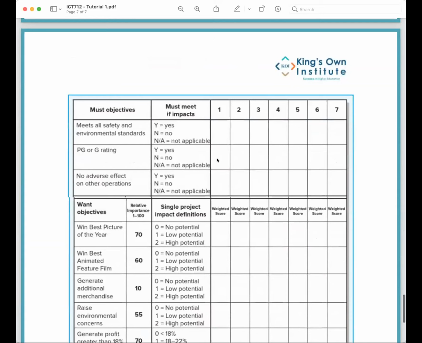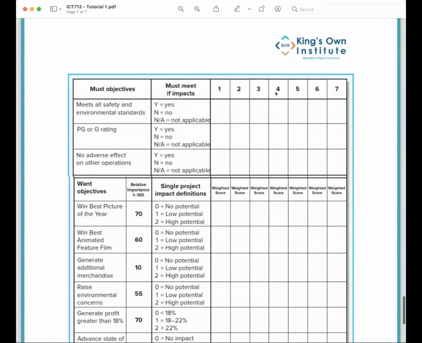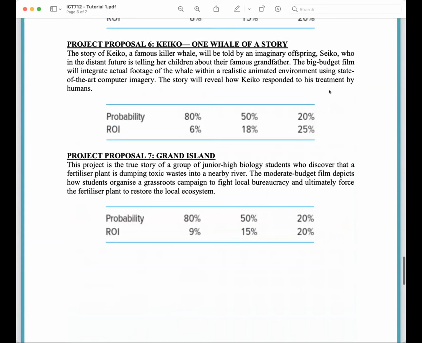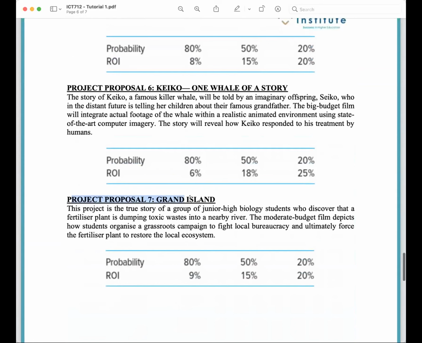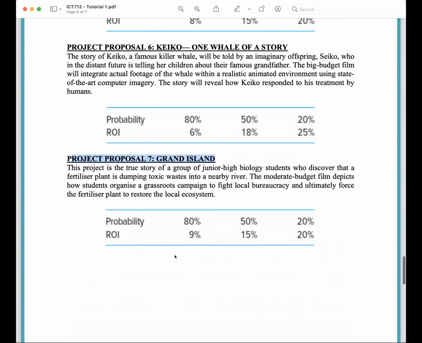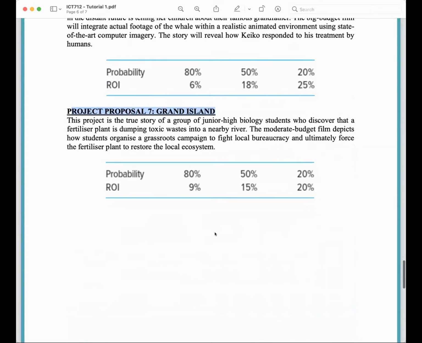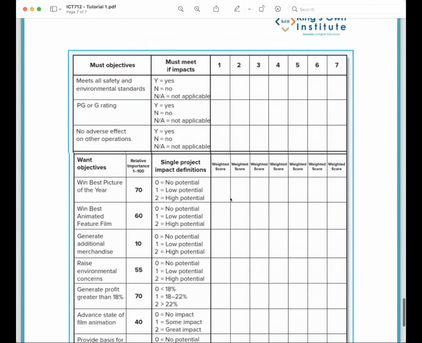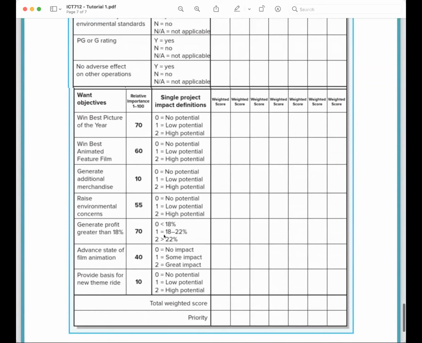So if you think about that, there is this sheet. You have project 1, 2, 3, 4, 5, 6, 7, and you have here 7 proposals. Each proposal is telling you what the probability is of getting a specific return. So you're going to need to evaluate it. For example, if you see here, is the project going to give me a return of under 18%, 18 to 22, or over 22?